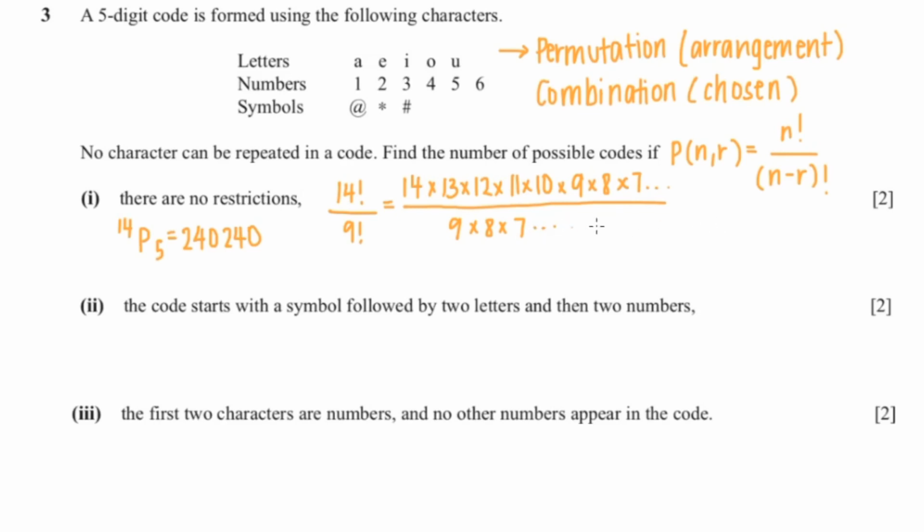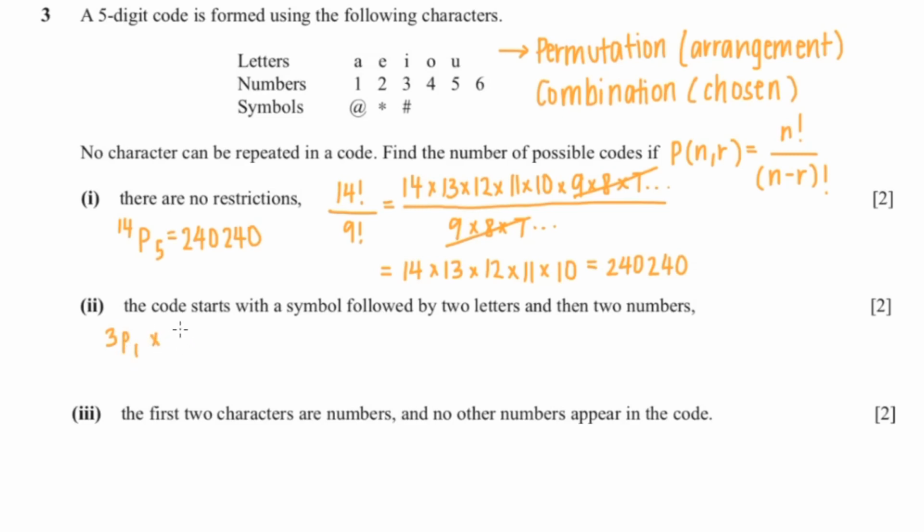So we can cancel these, which will leave us with 14 multiplied by 13 multiplied by 12 multiplied by 11 multiplied by 10, which is 240,240.